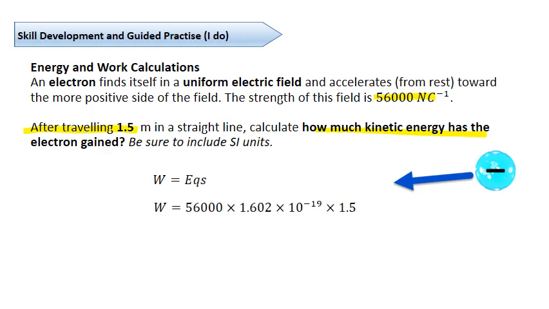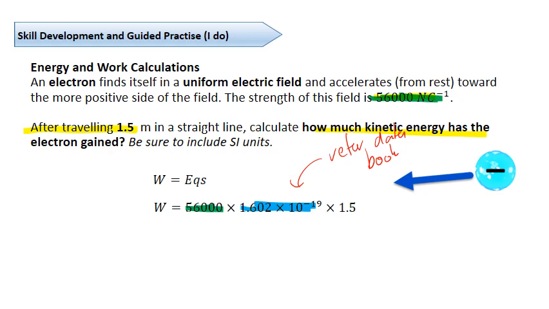Now you'll also notice when we substitute in our known values, the field strength is 56,000, and then the charge of the electron, 1.602 times 10 to the negative 19, isn't actually given in the question. That's because you have to refer to your data book for this value.